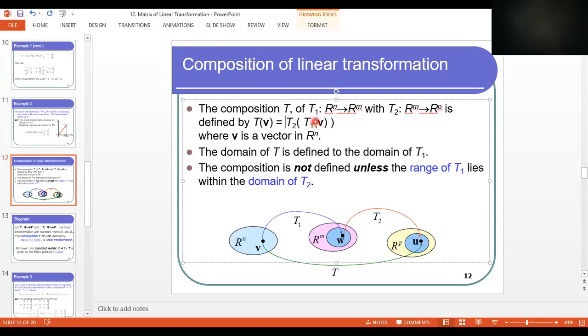If you apply T1 on V, which is an element of Rn, you will get W, and if you apply T2 on W, you will get U, which is an element of Rp. So this is just a composition of functions.